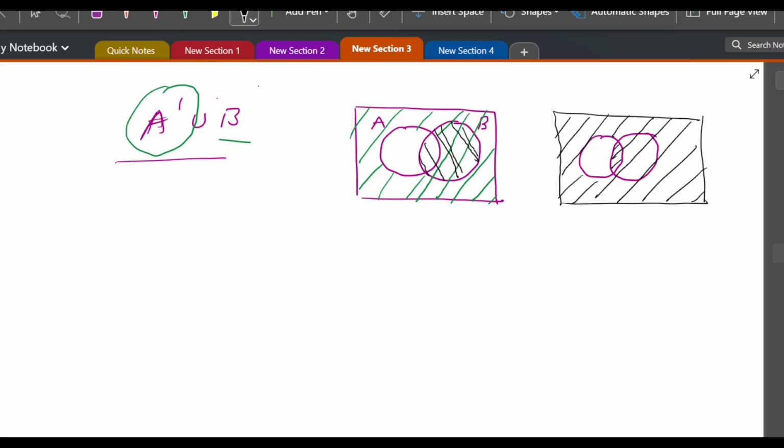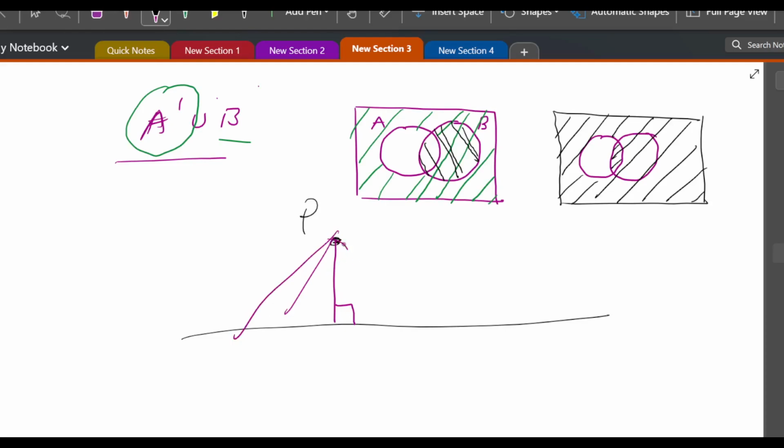Shortest distance. See, understand it. Suppose there is this line, and I have a point P here, and I have to find the shortest distance of this point P from this line. It is always going to be the perpendicular line, because all other lines have length more than this perpendicular.